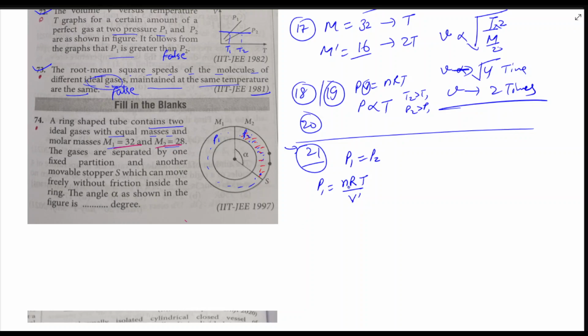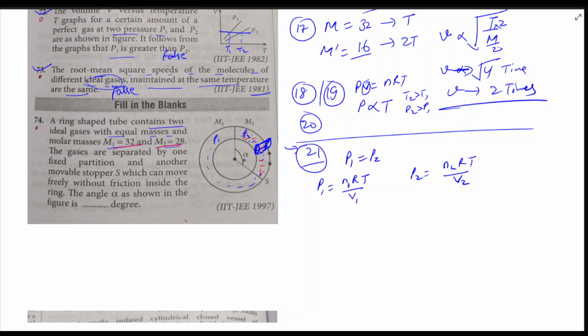So P1 will be N1RT by V1, and P2 will be N2RT by V2. Look, this area will be the same, so it will be more of a cylindrical shape inside.